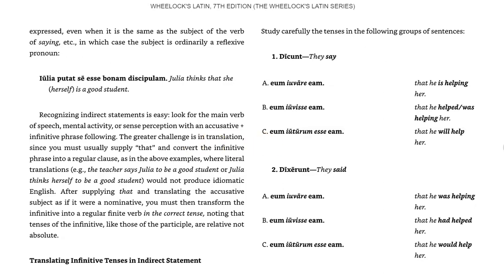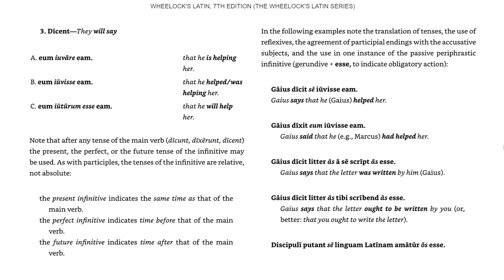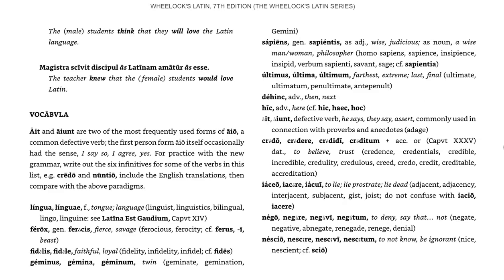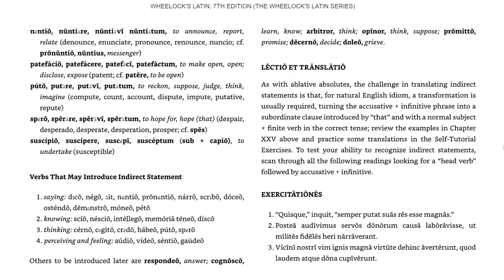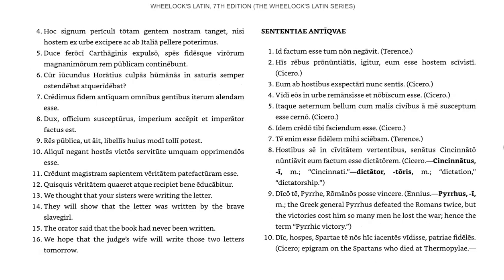Let's take a look at the examples for this week. There's our vocabulary, and here we go. So this first one here, id factum esse tum non negavit. Terence often writes in a comedic vein.